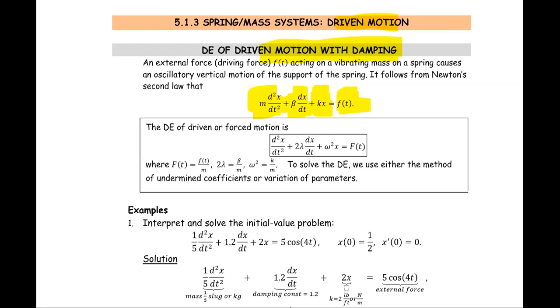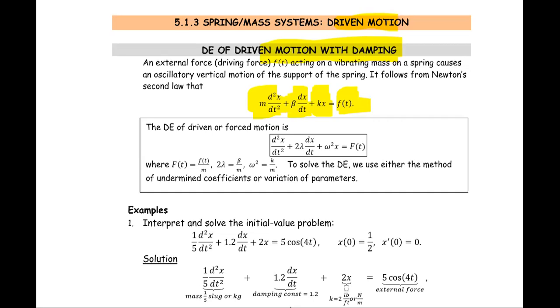If you divide all by m, the 2 lambda is beta over m, that is the damping force per mass, and k over m is omega squared, the angular velocity, if you recall, from the very first case.